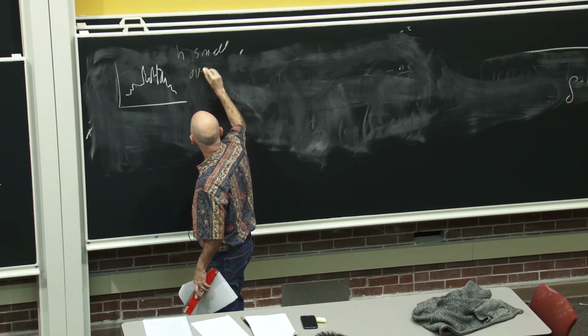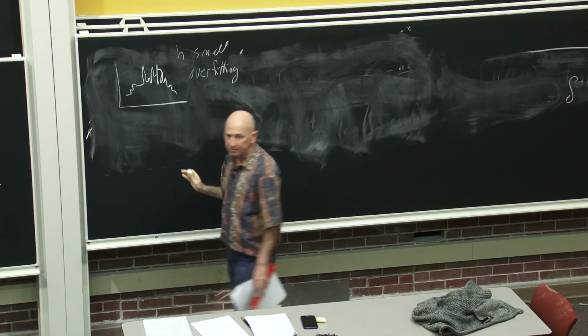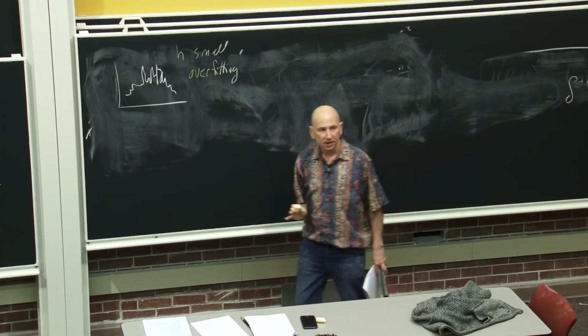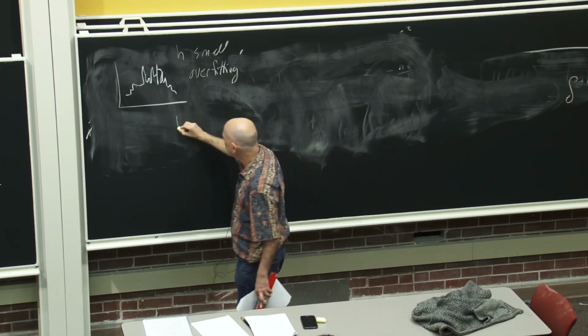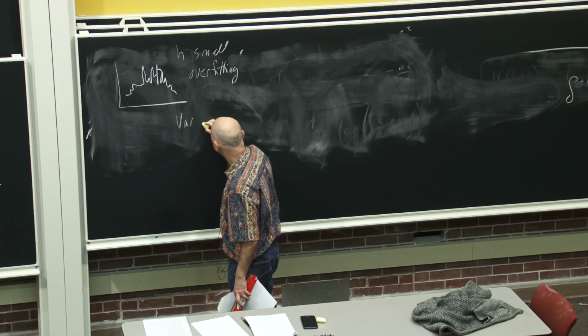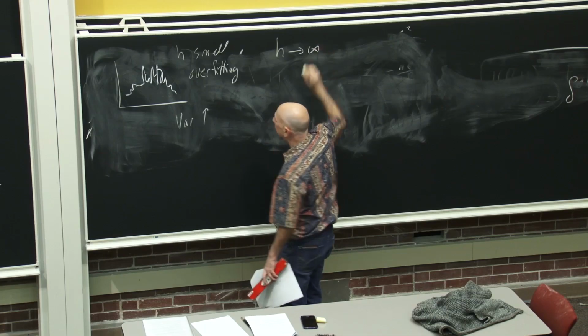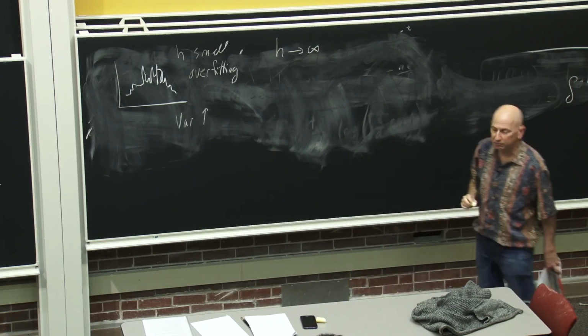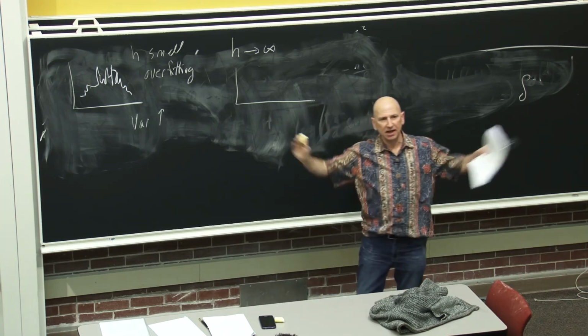You're overfitting. You're going to have very bad prediction error because the variance is going to be large. Variance is large. If I let h get really big, what do I get as h goes to infinity? What is my regression estimator as I spread that kernel out?